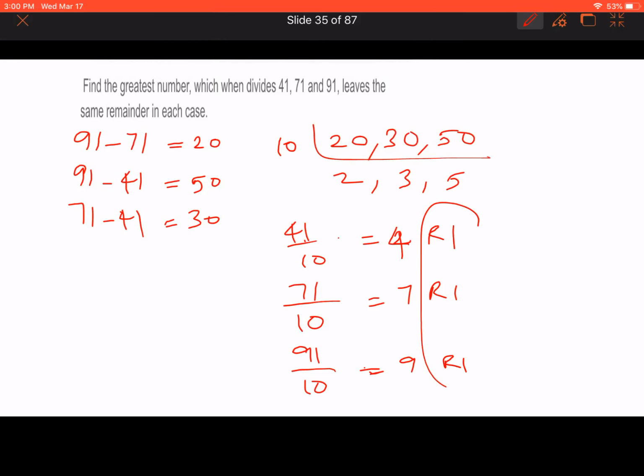So in all the cases it is giving the remainder 1 when divided by 10. This is the way we have to apply the strategies and try to find the answer.